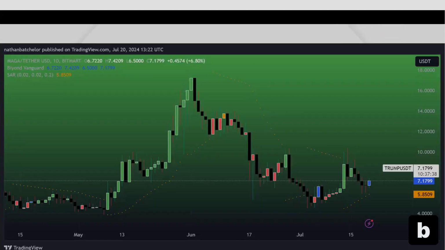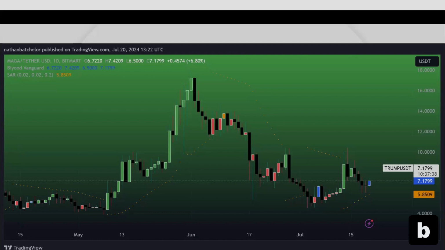And I guess a good example of how you could incorporate this would be for something like MAGA coin. So if this is a coin that you're extremely bullish on, and for whatever fundamental reason, there's a new coin that you're looking at, and you want to know when to enter the market, I guess this could be applicable, and also when to take profit.